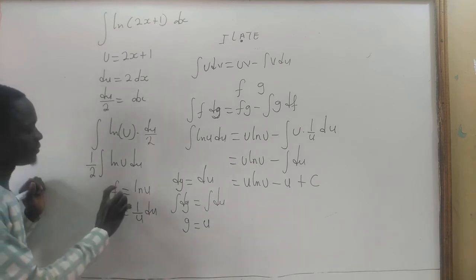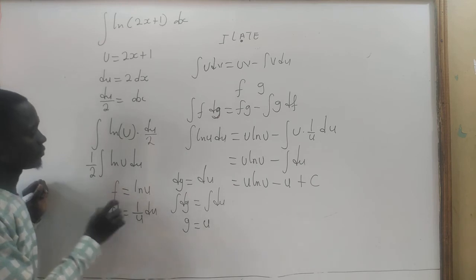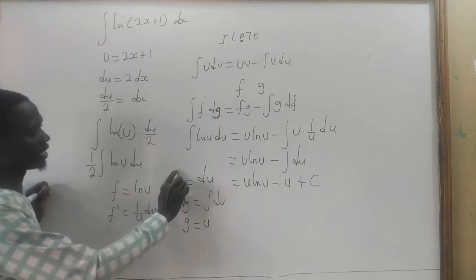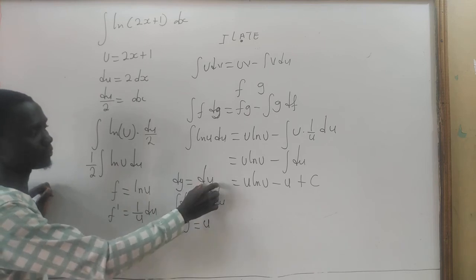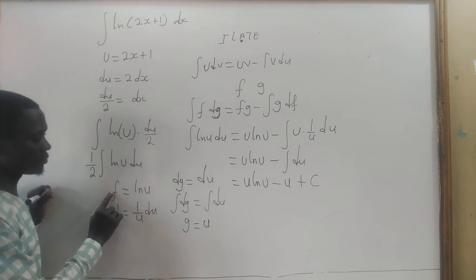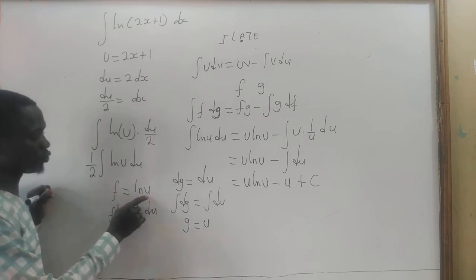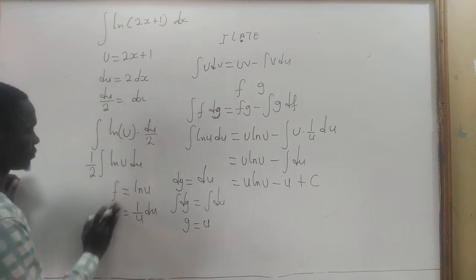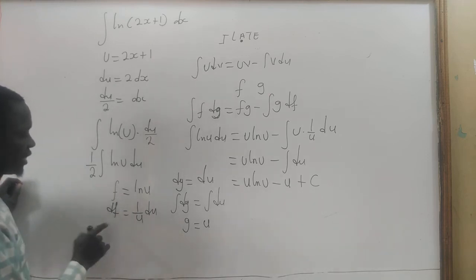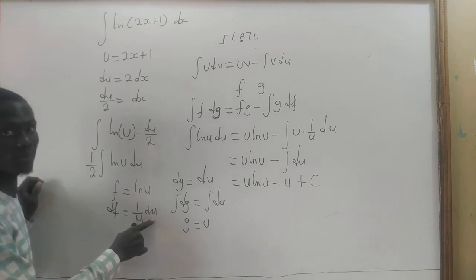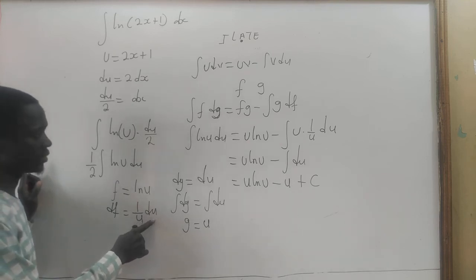Okay, so here we took f to be equal to natural log of u, and then we took dg to be equal to du. If we differentiate f with respect to u, we have df, that is f prime, df equal to 1 on u du. Very simple as that.